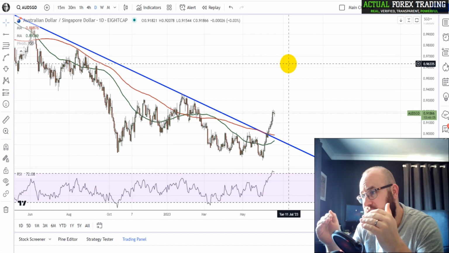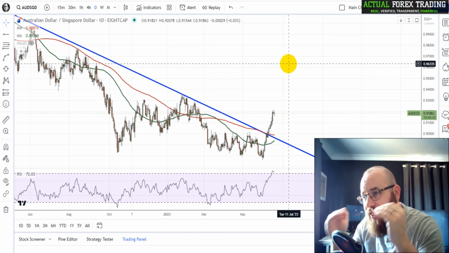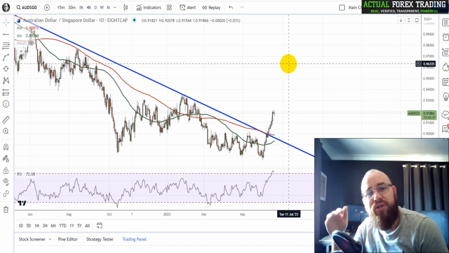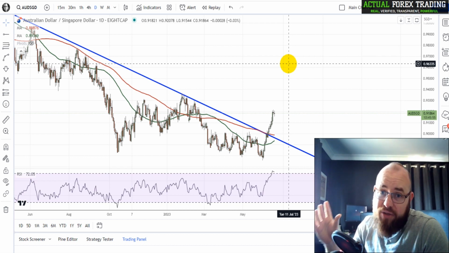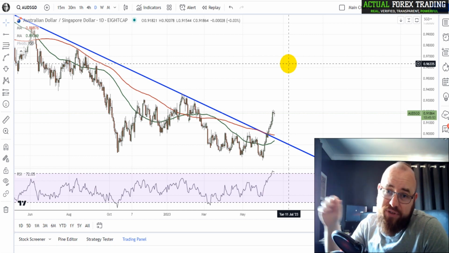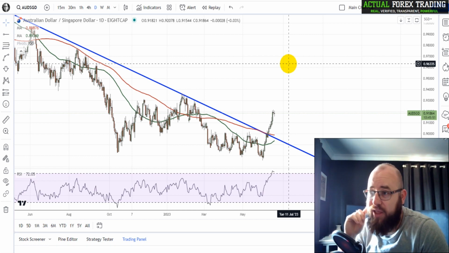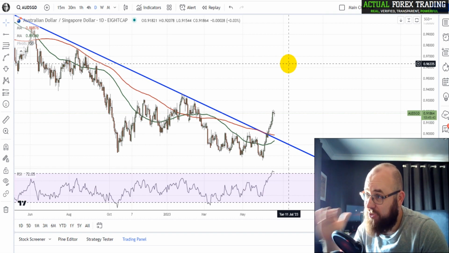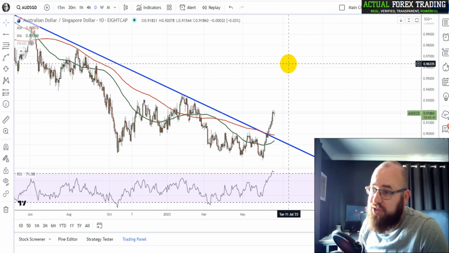I'll keep things as basic as possible, and the first thing you really need to know is interest rates. Interest rates are what drives the FX markets. Watching and knowing about interest rates will help you to be able to potentially know future price direction.